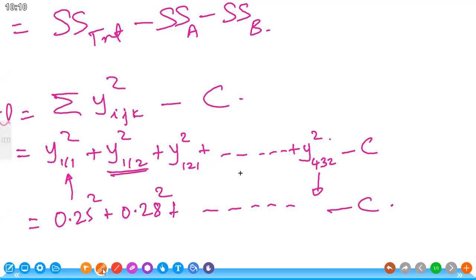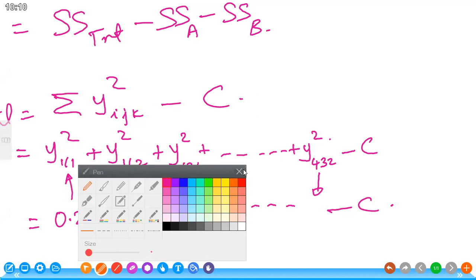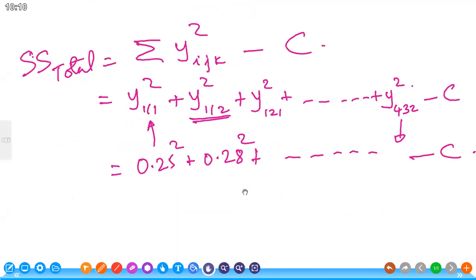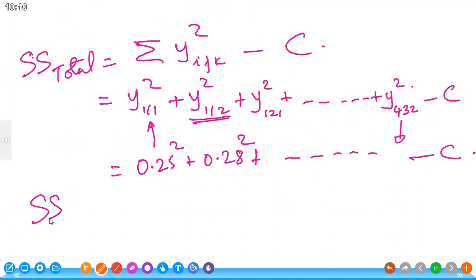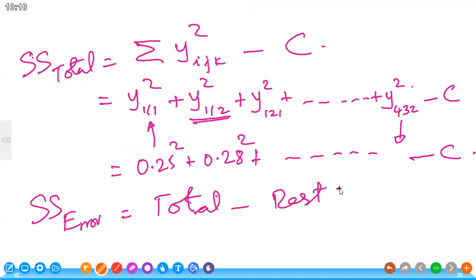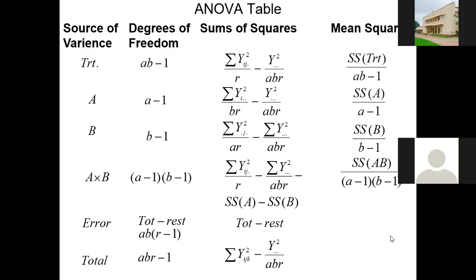Once you get the total sums of square, the sums of square of error is calculated by total minus the rest. Rest means all these components. Here, total means this component.